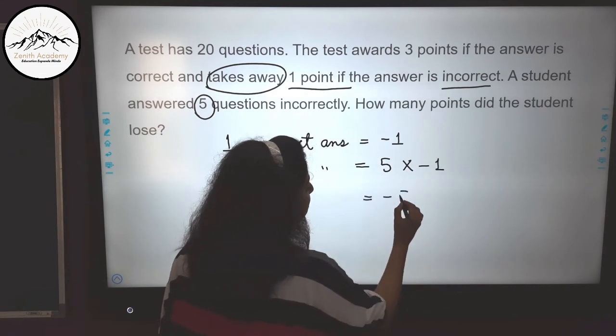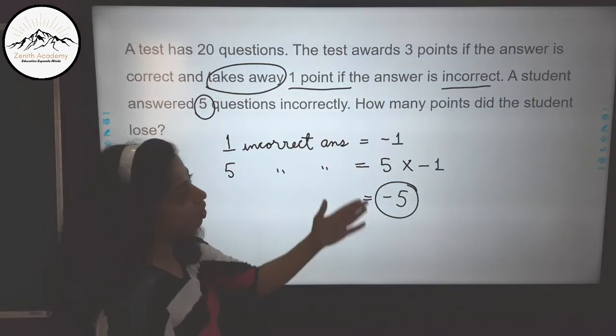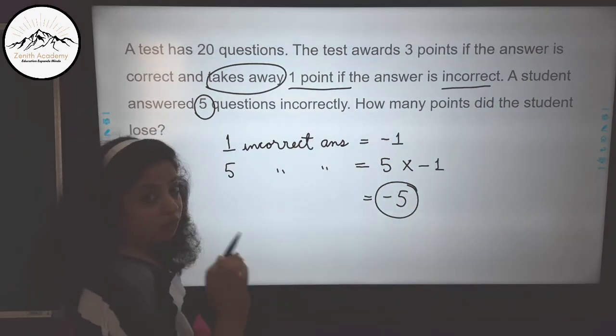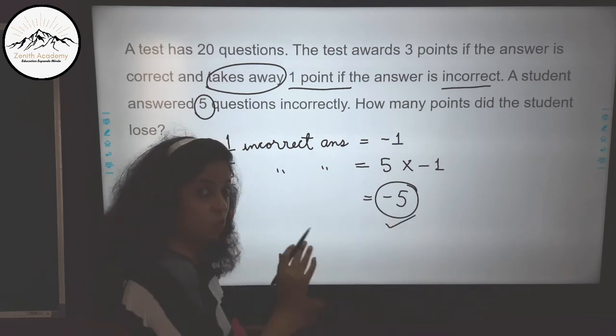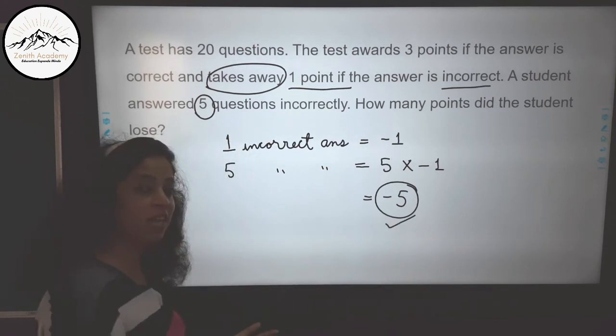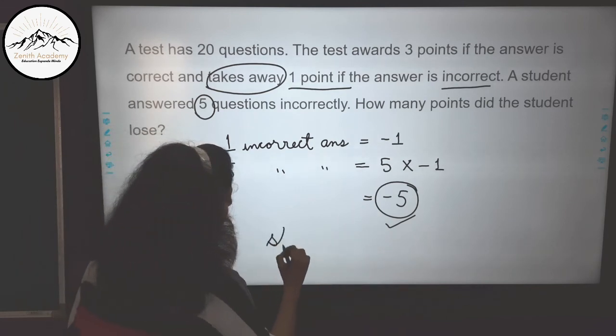So the answer is -5. So the student loses how much? 5 points. And if you answer in integers, the answer is only -5. And if you say the student loses, then you can say the student loses 5 marks.